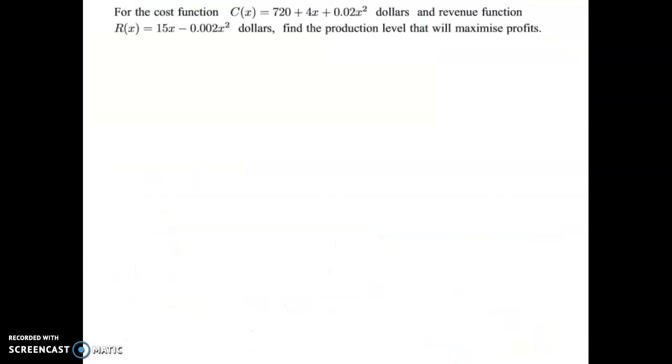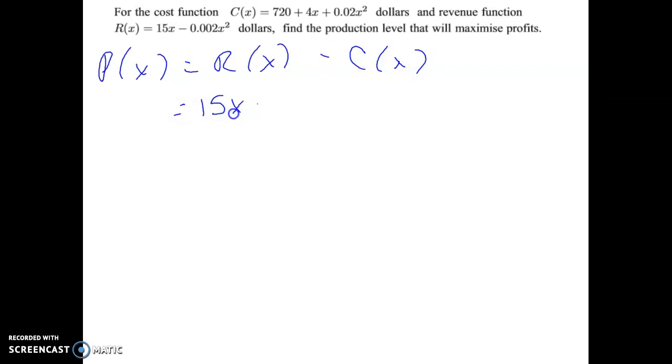I have again a cost function and a revenue function, and I want to find the maximum profit. So I remember from the last screen that profit equals revenue minus cost. So I'm going to substitute in, here's revenue, and I'm going to subtract away the cost. I'm going to remember to put my parentheses there so that I distribute the negative like I should.